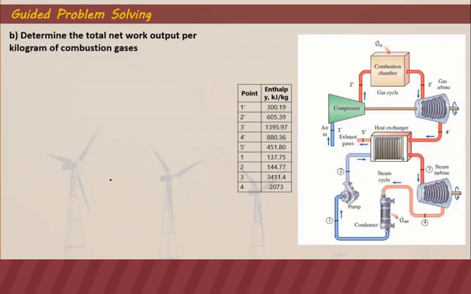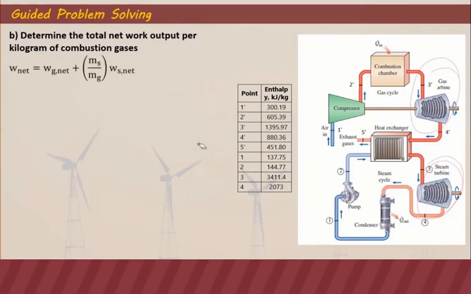The next is the total network output per kilogram of the combustion gas. Since we have two turbines, the gas turbine and the steam turbine, we need to add them, but this time in terms of per kilogram of gas, or Mg.